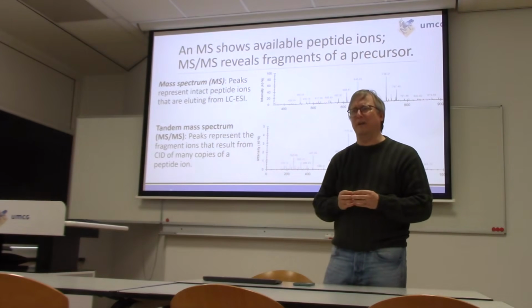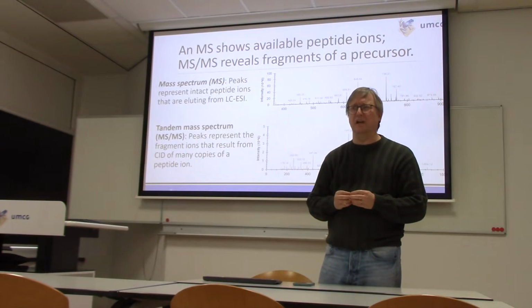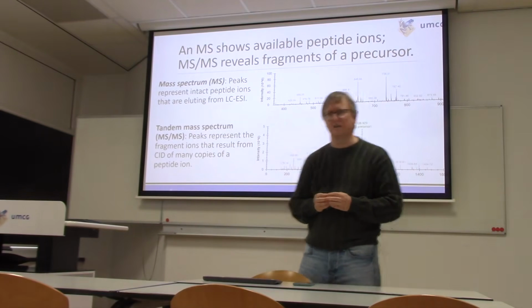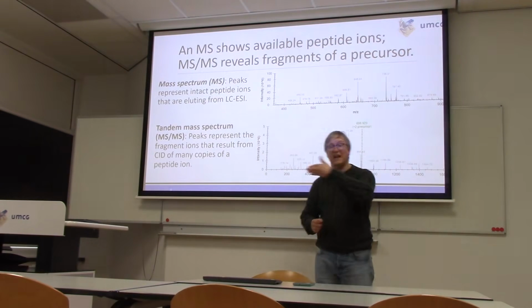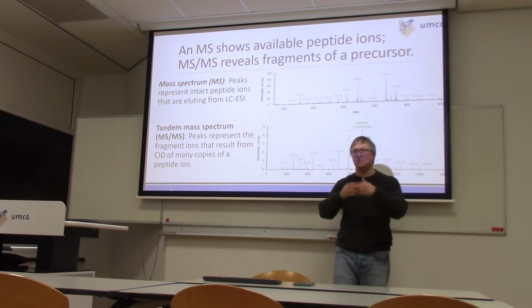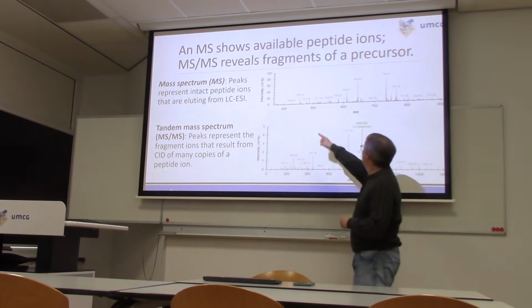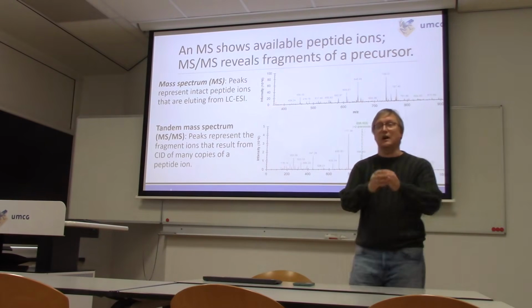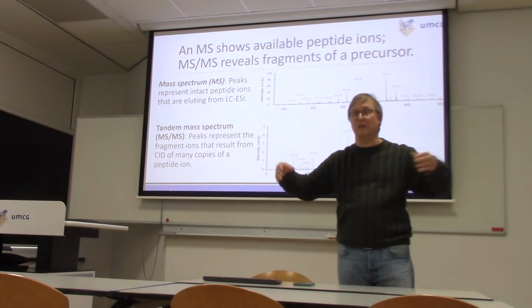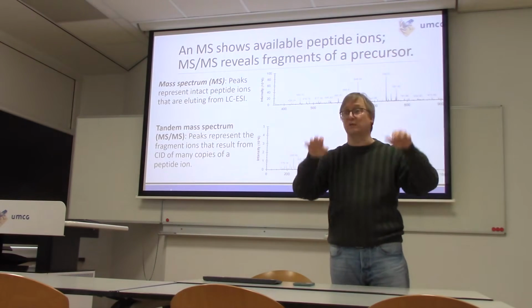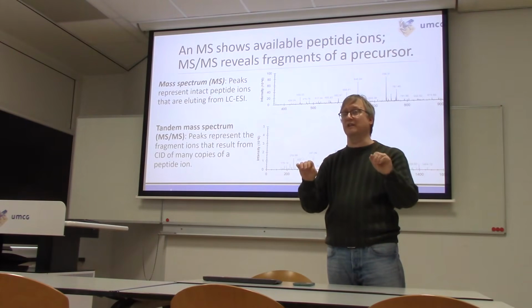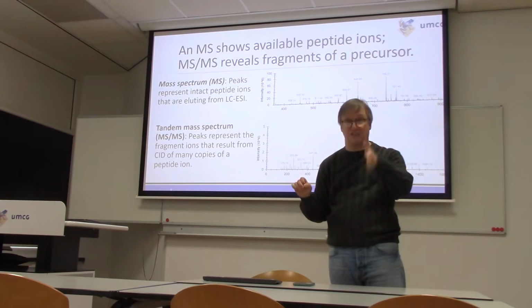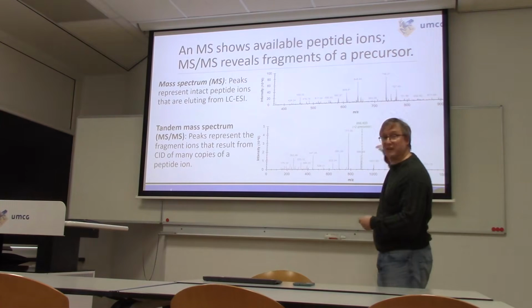I've talked a little bit about m/z. The m/z is the axis on which mass analyzers separate ions. So this mass-to-charge value that we see here is our way of separating the ions that are present at this particular moment in time. What peptide ions are eluting from the column at this moment? That's what the MS provides us.